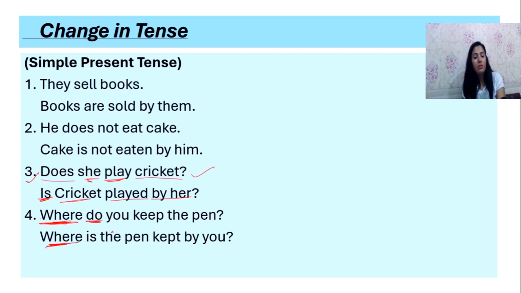Before putting the auxiliary verb, let's check the object of the sentence. The object of the sentence is pen, that is singular in number, so we can write here is. Where is the pen? Then we will write the past participle form of keep. It becomes kept. Then the subject you will become the object of the sentence, so we will write here by you.